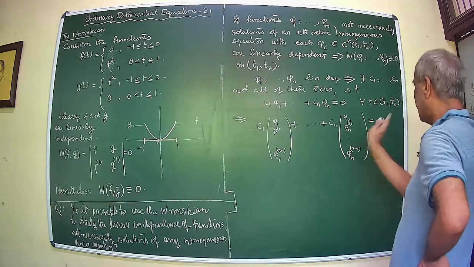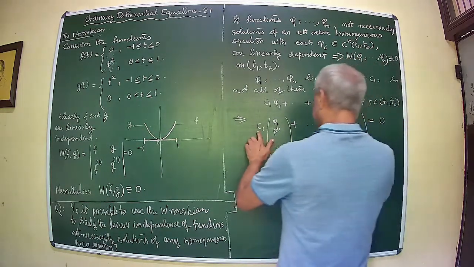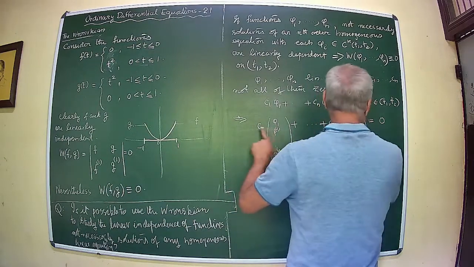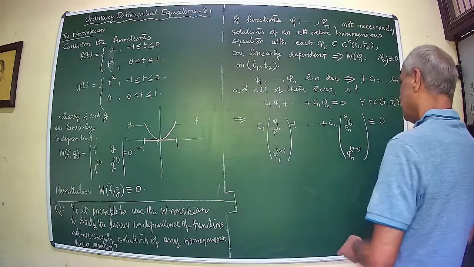I mean, at least you can say that for some t because these are vectors. You can find C1, C2, Cn. There exist C1, C2, Cn, not all of them 0, such that this is identically equal to 0.